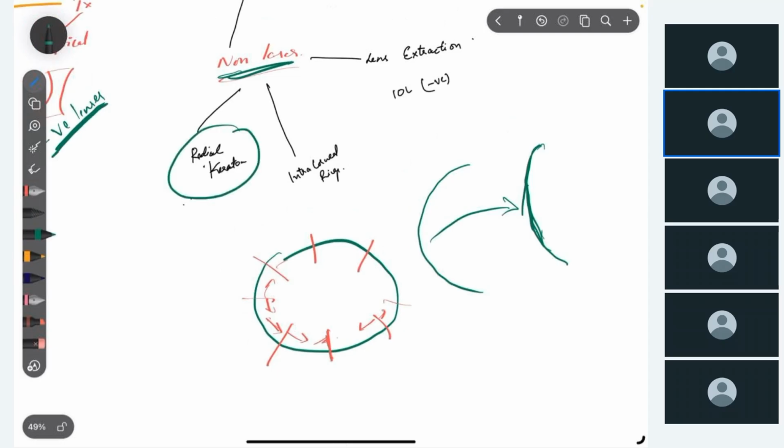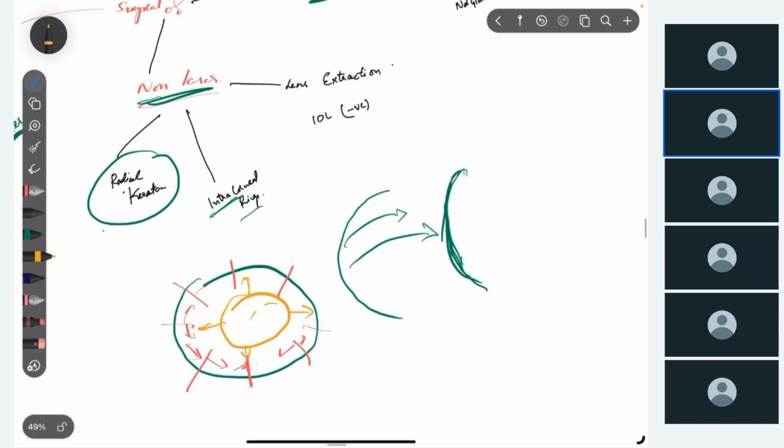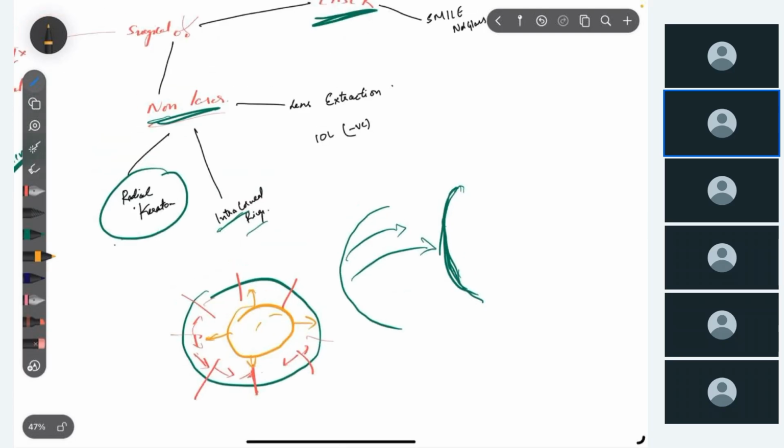There is another mechanism by which you can decrease the curvature, that is by using intracorneal rings. You place these intracorneal rings inside the stroma of the cornea. This will again pull the cornea and cause flattening of the cornea, thereby decreasing the curvature of the cornea, and then decreasing the power of the eye.